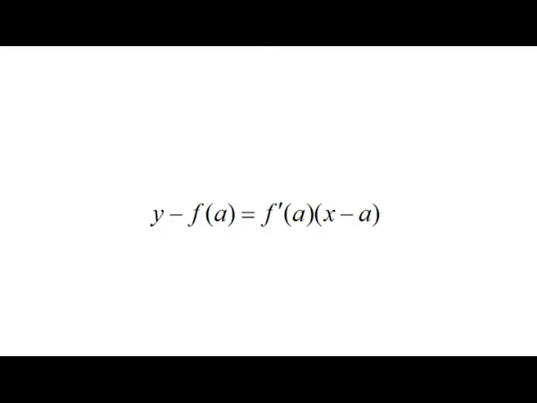Since the graph of y equal to f inverse of x is the reflection of the graph of y equal to f of x about the line y equal to x, the tangent line to y equal to f inverse of x at the point (f a, a) is the reflection about the line y equal to x of the tangent line to y equal to f of x at the point (a, f a).